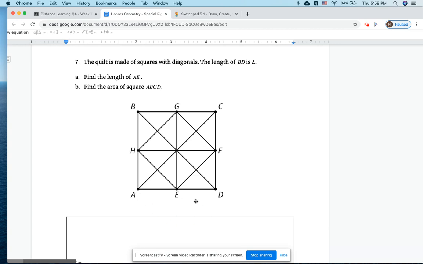So once you figure out what AD is, you automatically know what AB is. And the area of the square is going to be the length of AD multiplied by the length of AB. And one more time, we get the length of AD by taking BD, which is 4, and dividing by the square root of 2.